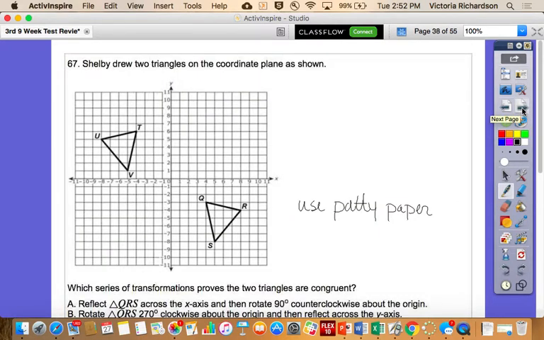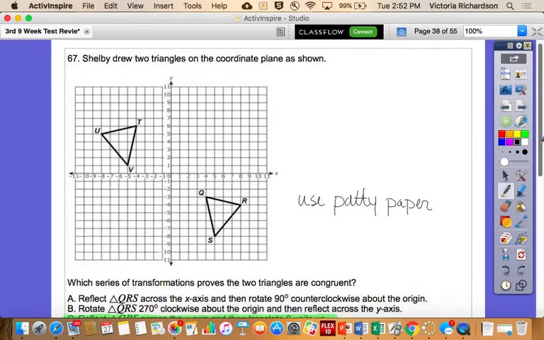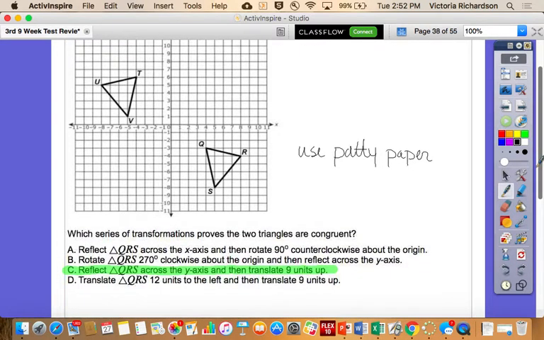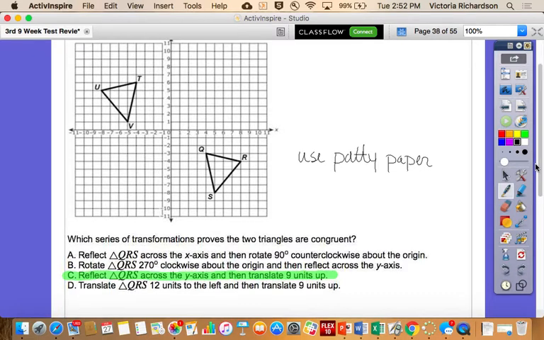67. Shall drew two triangles on the coordinate plane as shown. If you use patty paper to do this, it says what series of transformations proves the two triangles congruent. On your paper, you would draw the first one, TUV, and then go through all these different reflections.